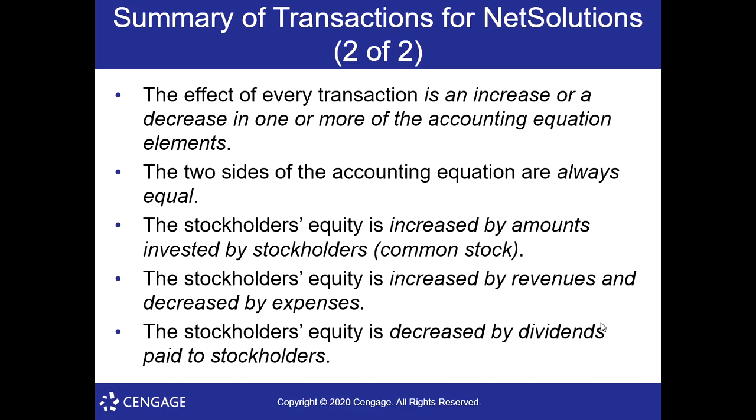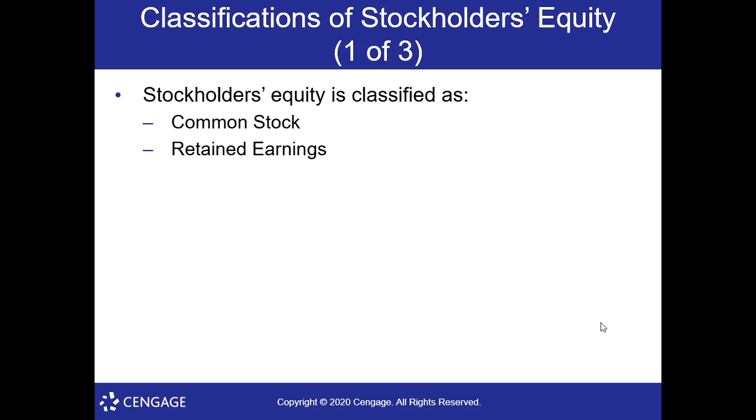Our example in the last few transactions was we had wages, rent, utilities, miscellaneous expense, and then also supplies expense we recorded. And then stockholders' equity is decreased by dividends paid to stockholders. That was a new transaction as well. That was our last transaction. And we show that as an increase to an expense account in the form of dividends and a credit to cash as we use an asset to pay them out.